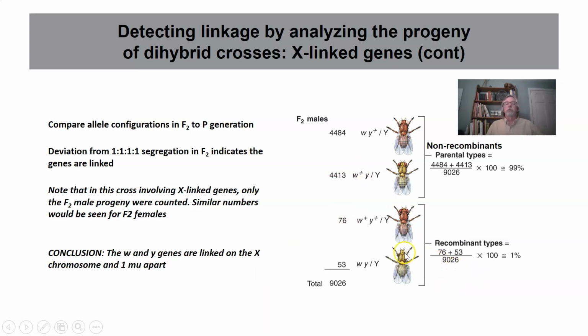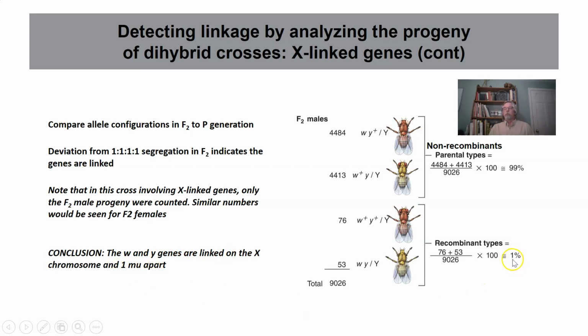Okay? We can also determine a recombinant frequency from this cross. The number of recombinants, shown here in the numerator, divided by the total number of offspring, shown here in the denominator, multiplied by 100, you get a percent, and this is slightly over 1%. Okay? The main conclusions then, these two genes, the W and Y gene, are linked on the X chromosome, and they are one map unit apart.